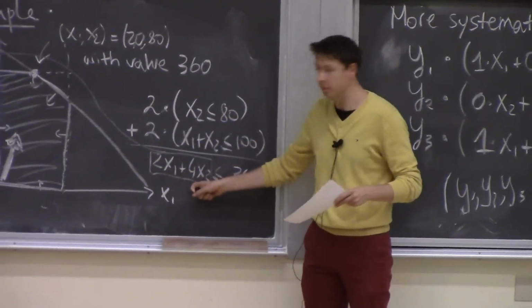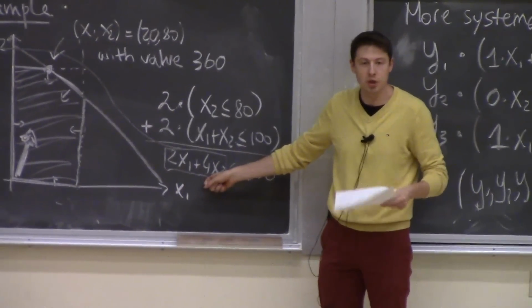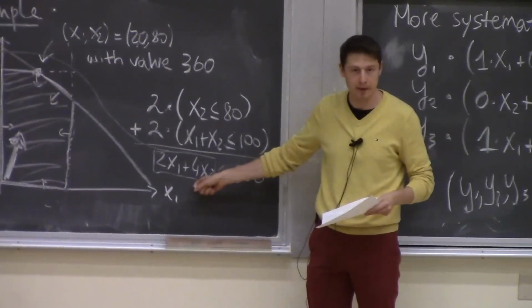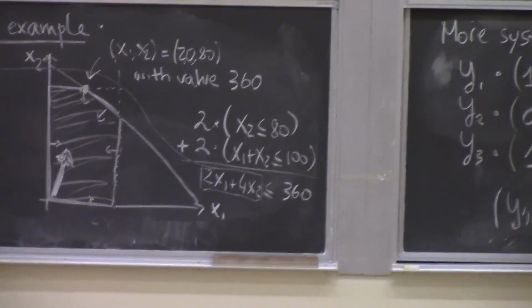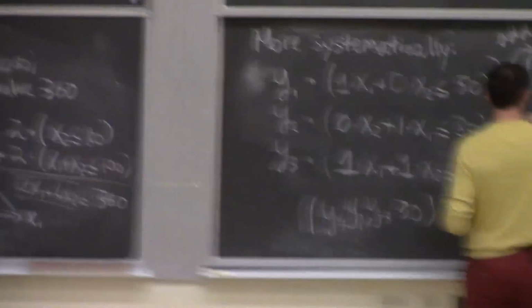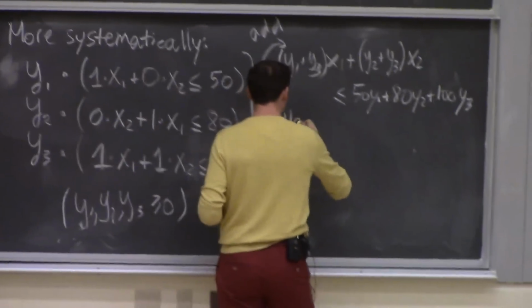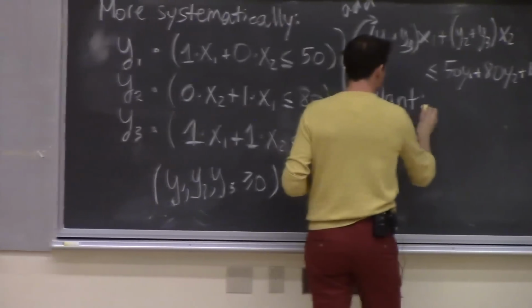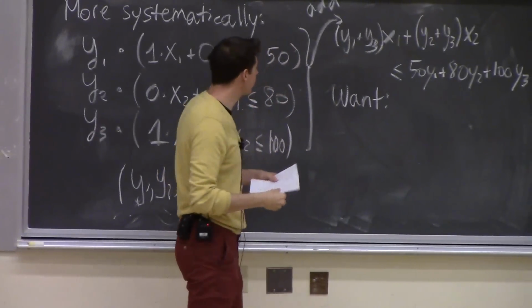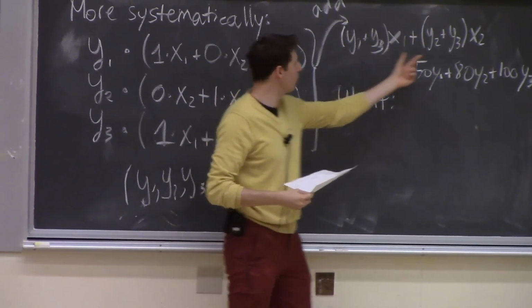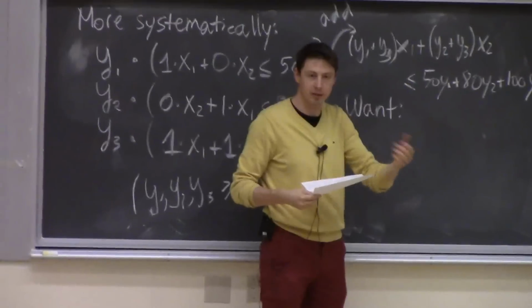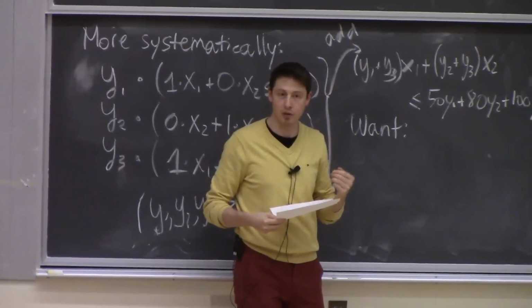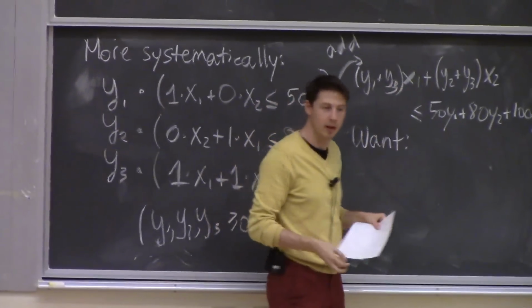Why does this constraint mean something to me? Because it is the objective function, right? This is what we're trying to maximize. So here, what I would like is some constraints on y1 plus y3 and y2 plus y3, right? Because I want to create the objective function through these constraints.